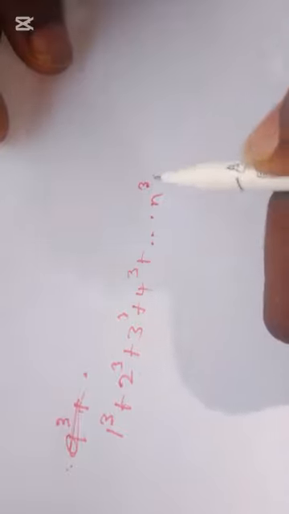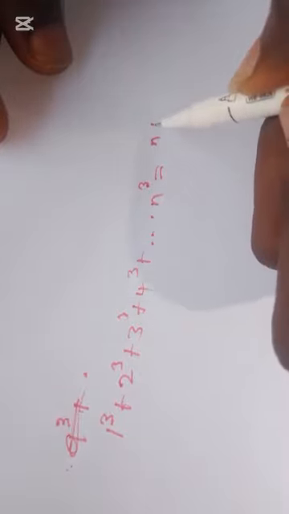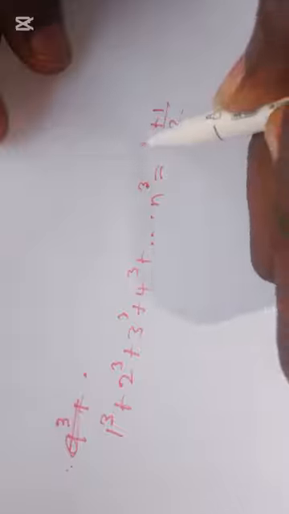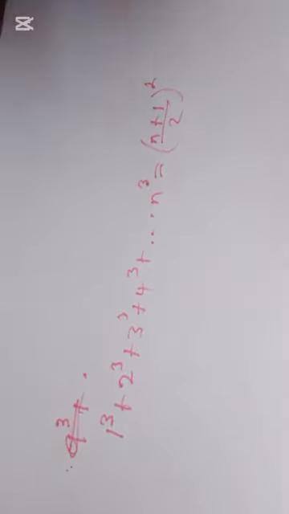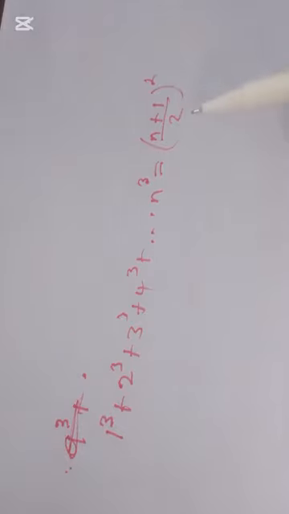This equals n into n plus 1 over 2, all squared. Wonderful. I really like this beautiful concept. So this tells us that the square of the sum of the integers will give us the sum of the cubes of the integers.